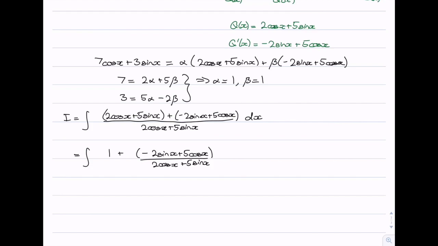So when we integrate that, it's just going to be the log of the denominator. So here we have the integral of 1 is x, and the integral of that fraction will be the log of the denominator, so 2 cos of x plus 5 sine of x. And of course, now that we have no more integrals, we have our plus c. And that's the end of the question and the end of the video.